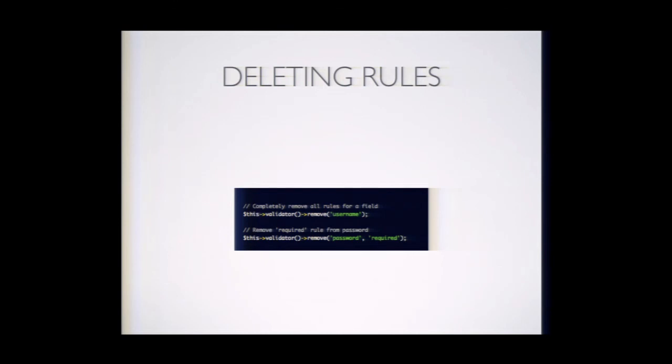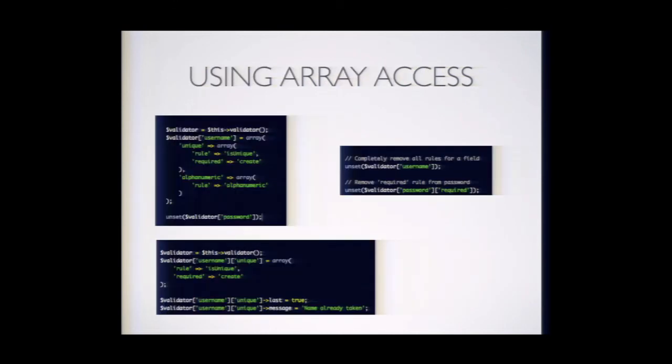You can also delete rules using the remove function, or you can use array access. So if you're an array junkie, you can just get the validator and set everything using arrays, or unset them, or modify them, or whatever you want to do.